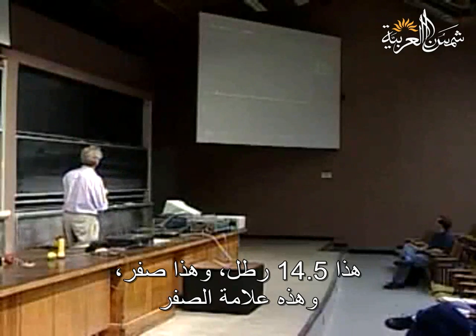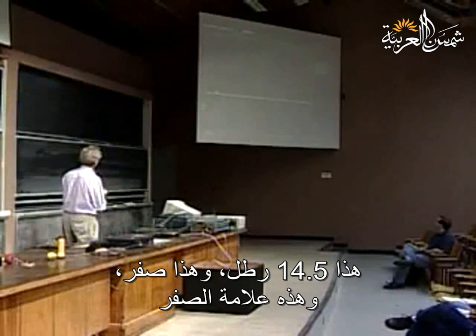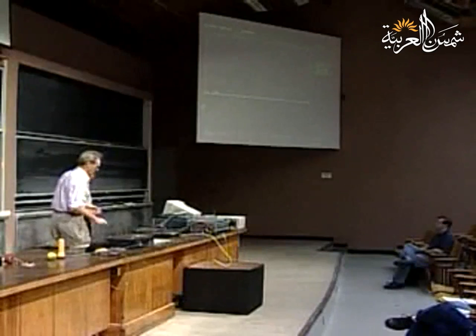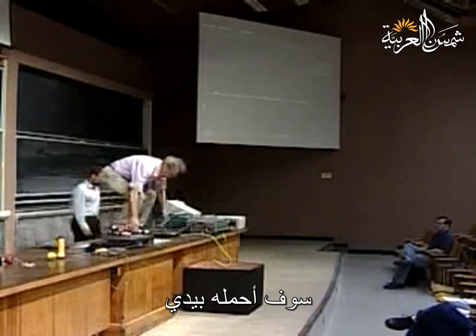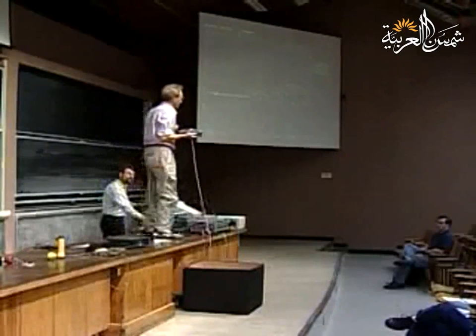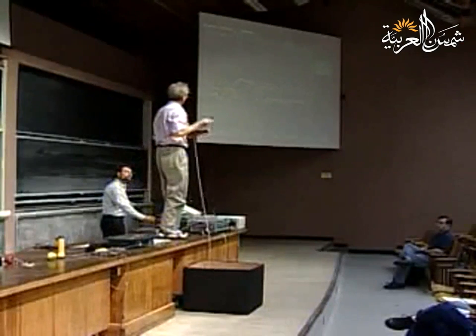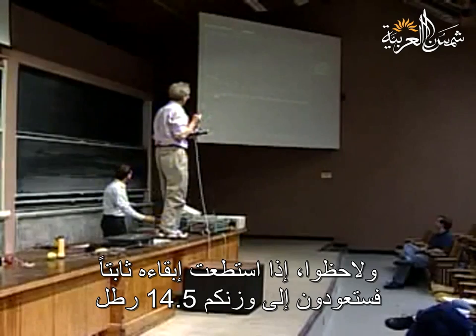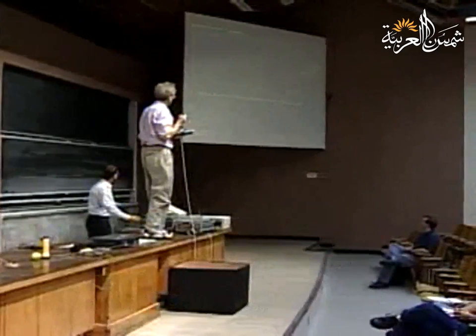This is 14.5 pounds, and this mark is 0. I'm going to hold it in my hand. And notice, if I can hold it still, you're back to your 14.5 pounds.